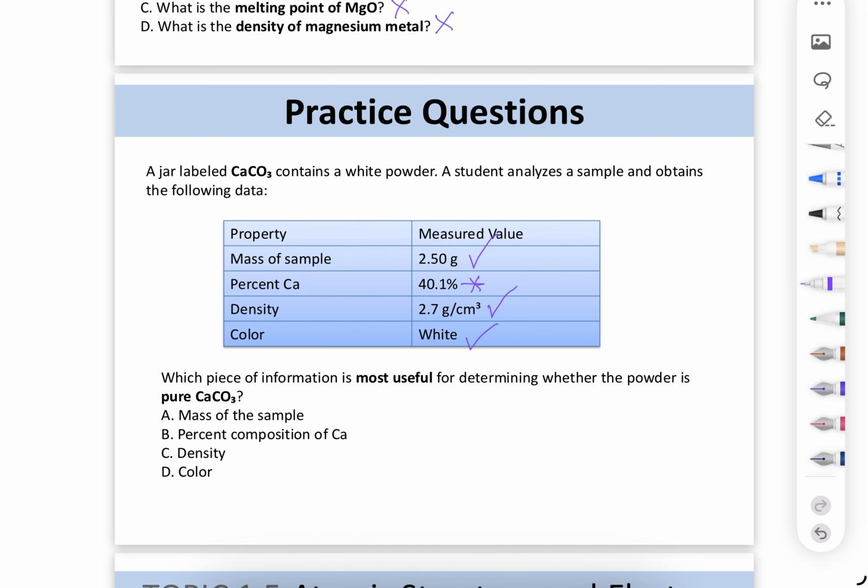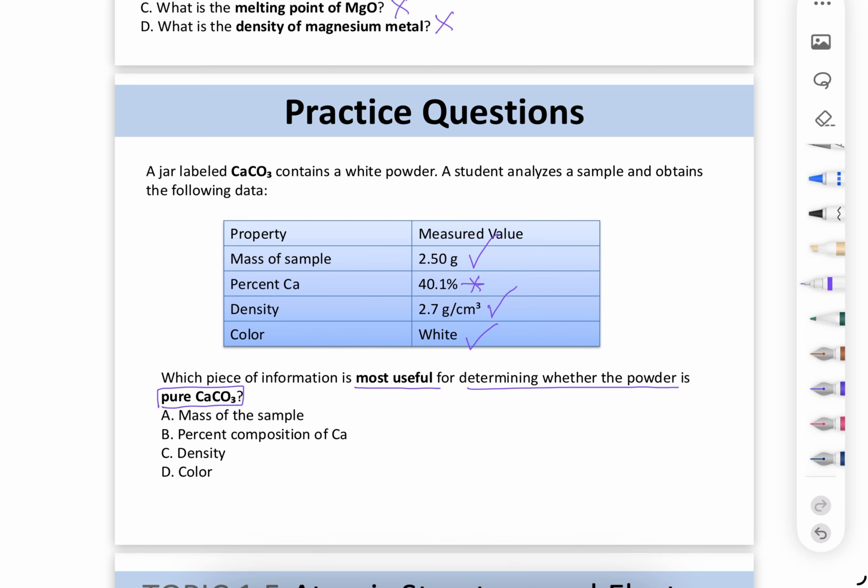The color can be generic. There are so many compounds which are white in color, so they don't reveal all the information, maybe some of it. Which piece of information is most useful in determining whether the powder is pure?